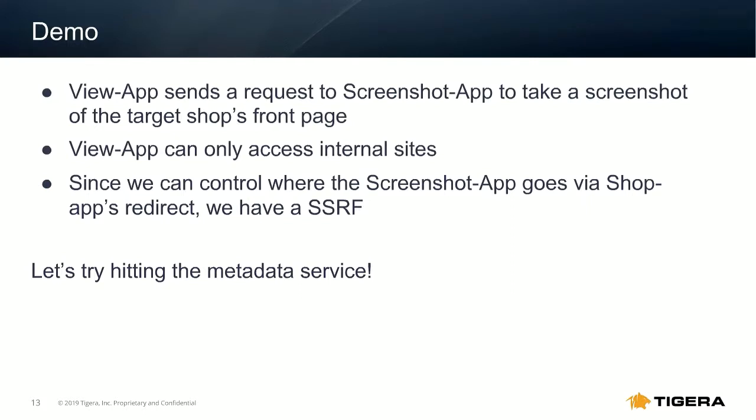So now that we have this, we can go to the next step. According to, as I said before, a lot of recent breaches and reports, people like to go straight for the metadata service because it has a lot of useful information in it. So we're going to try to do that too.